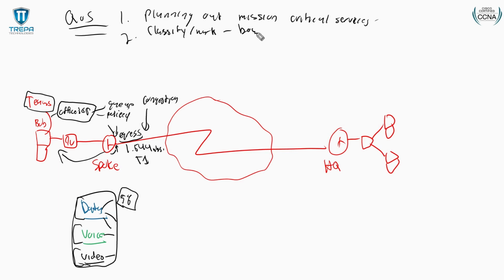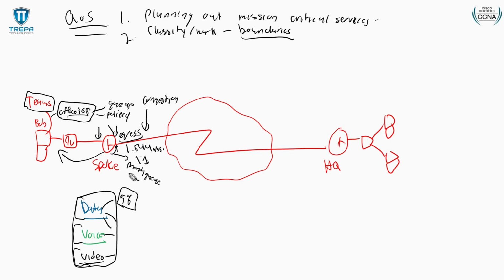So this goes into the boundaries. What do I mean by this? Well, just because I decide to mark traffic here, saying, okay, anything that's Office 365, I'm going to put a marking on you saying this is Office 365 traffic. And now when you get to egress, I'm putting you in a priority queue.